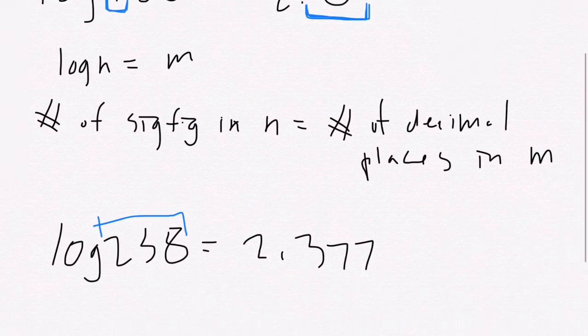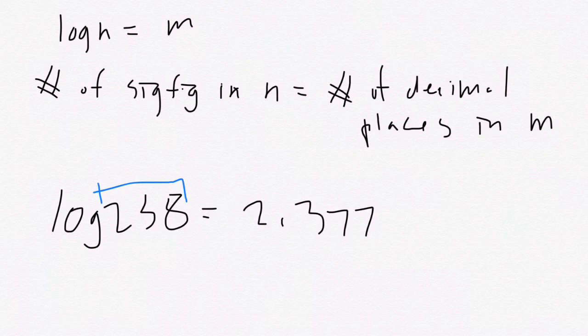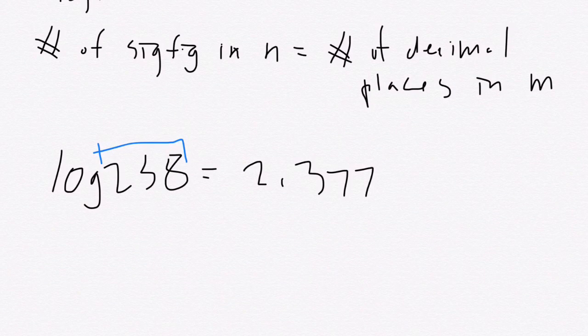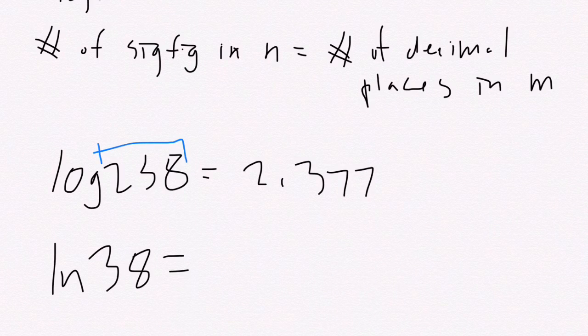This isn't just for base 10. When I say log, it's base 10, right? It could also work for literally any logarithm. So let's say ln 38. The number of sig figs in 38 should be equal to the number of decimal places in our answer.